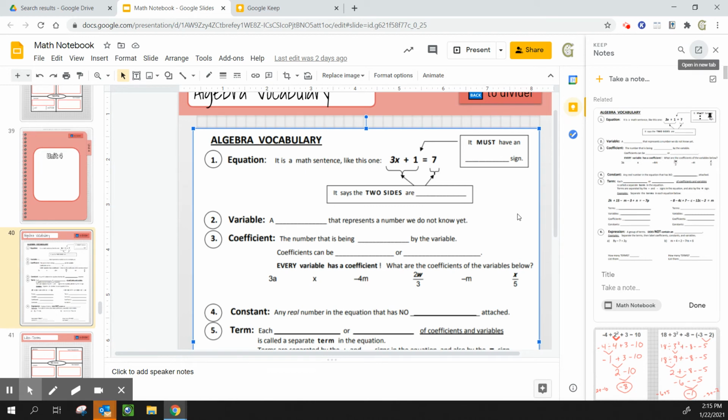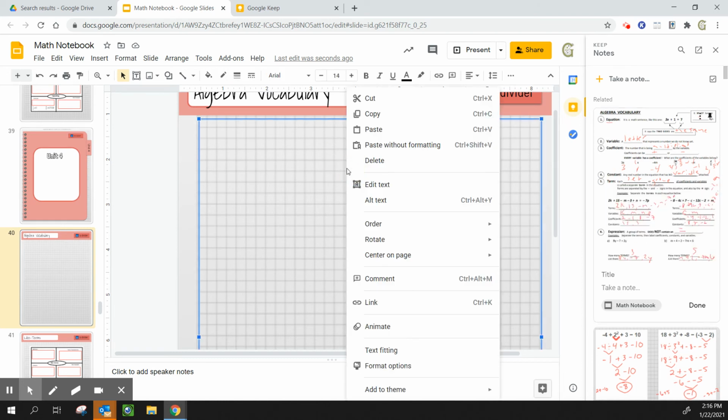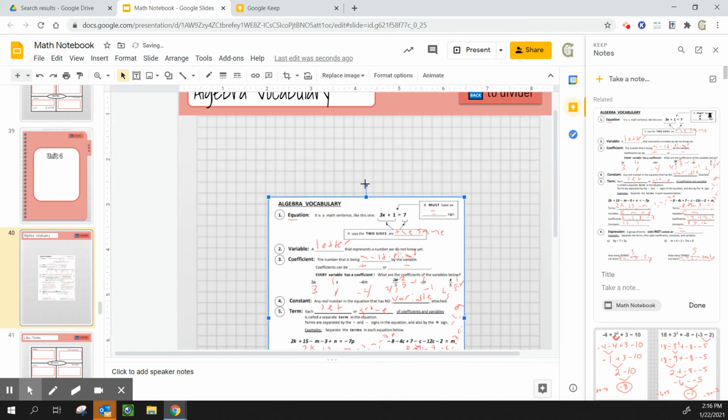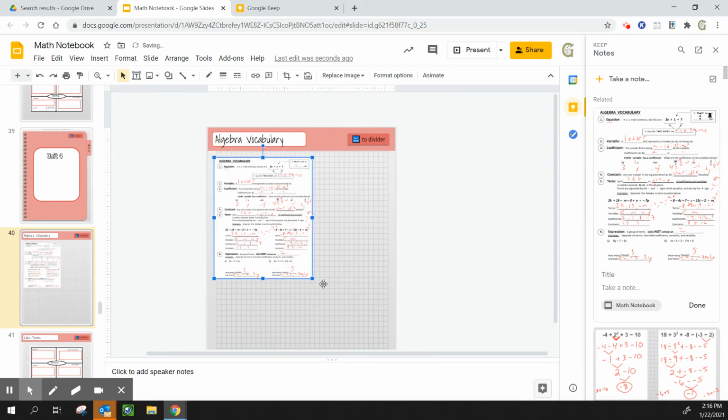you can go back. We'll go back to our math notebook. I can delete this out, pull this one in. And then we can make it a little bigger so that it fills up the page.